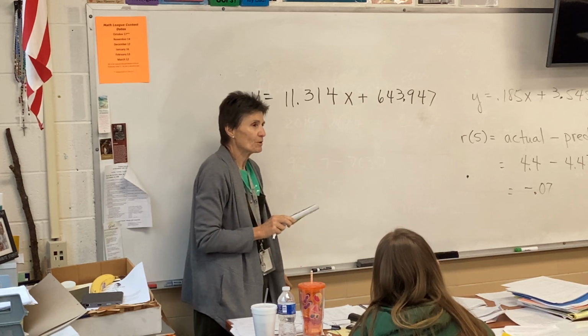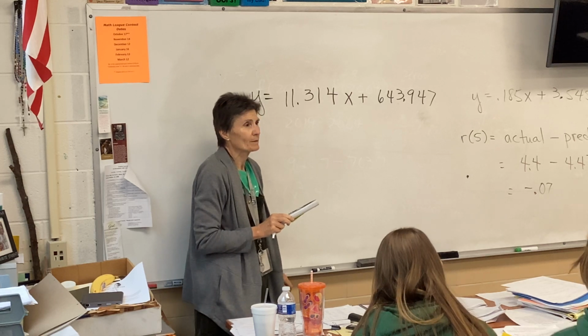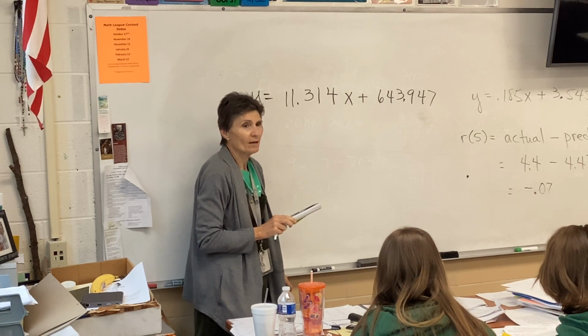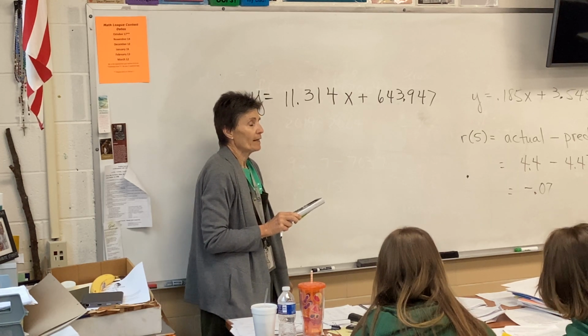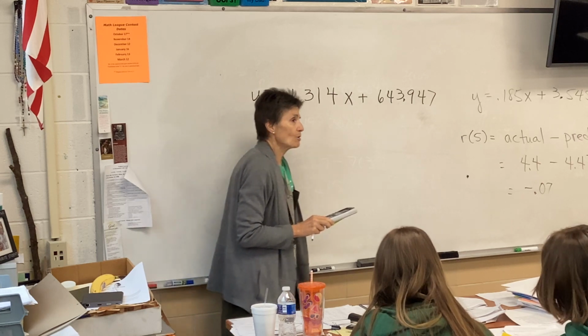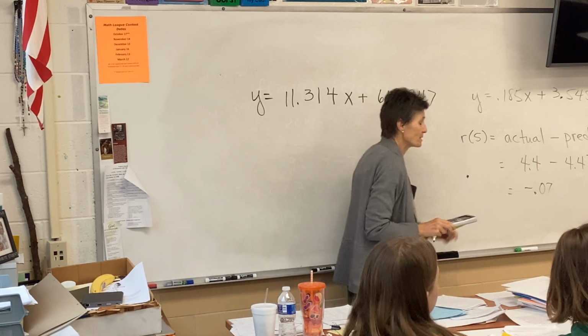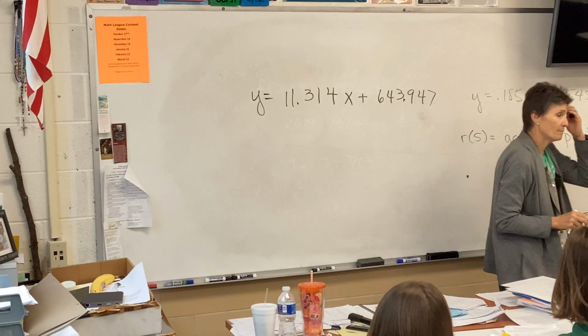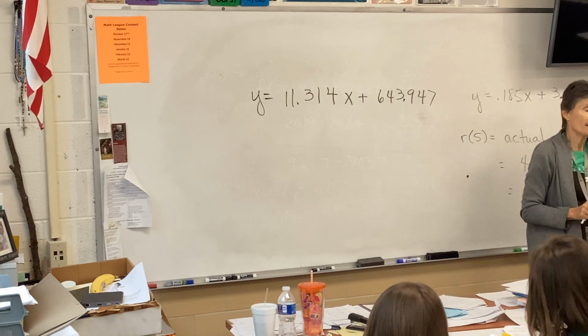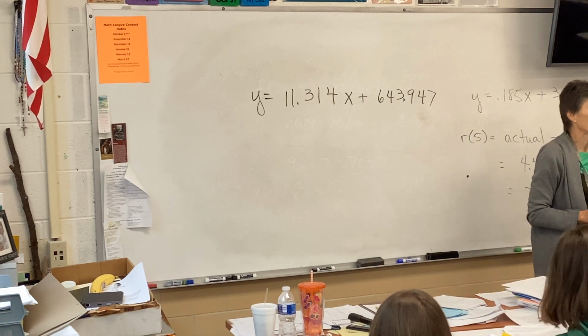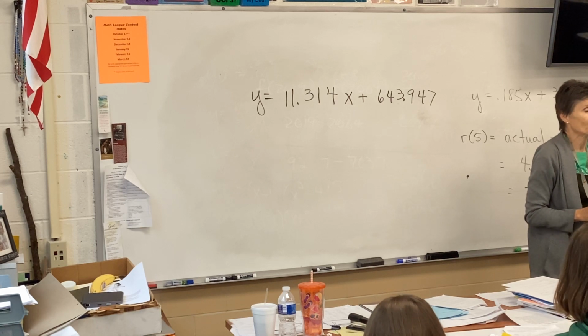Did you check out your R value and your R squared value? Not good. Now remember that R squared is the percentage of the variation that can be explained by the data itself. Here's the problem.